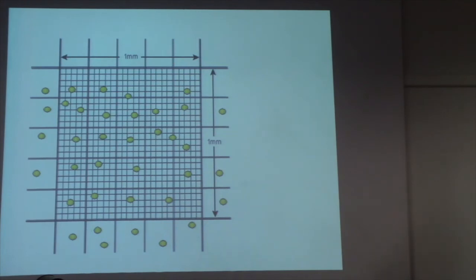Okay, so we have 0.1 cubic millimeter. And so you say 1 liter is 1 cubic decimeter. So we have 0.1 millimeter in decimeter is 10 to the power of 5? More than that. Much more.